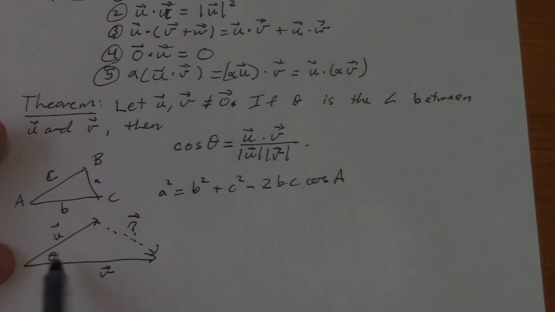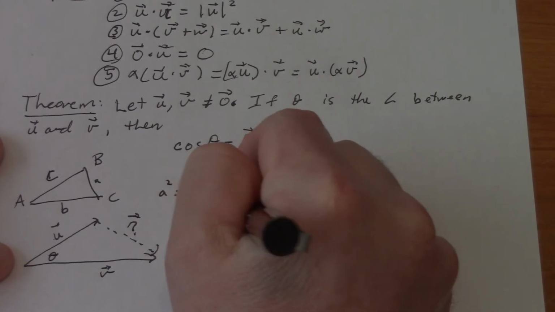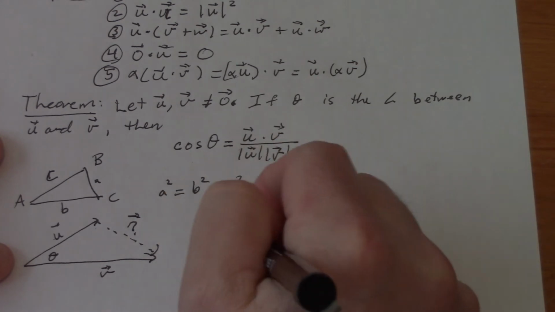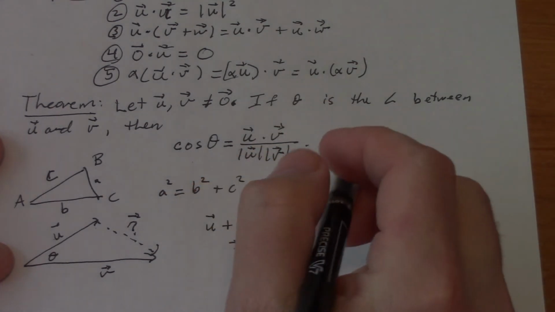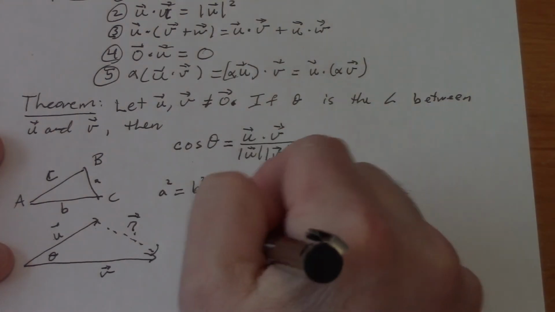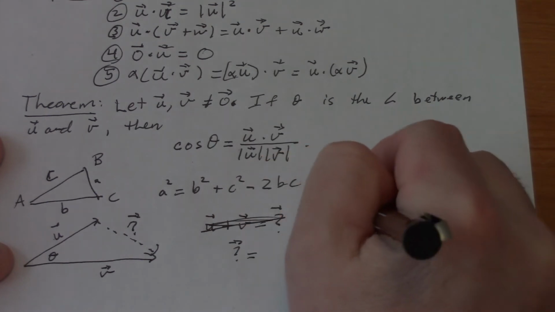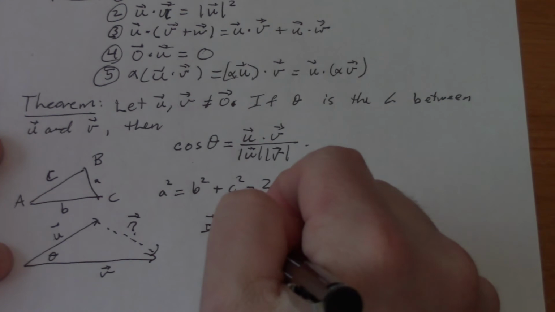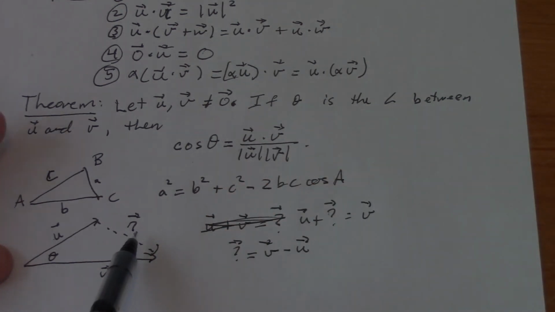But we do know from vector addition that if I add U and question mark, I get V. So U plus V equals question mark, which means question mark is equal to, I'm sorry, I got that mixed up. U plus question mark equals V. So that means that question mark, if I just subtract U from both sides, would be V minus U. So that's what that side is.